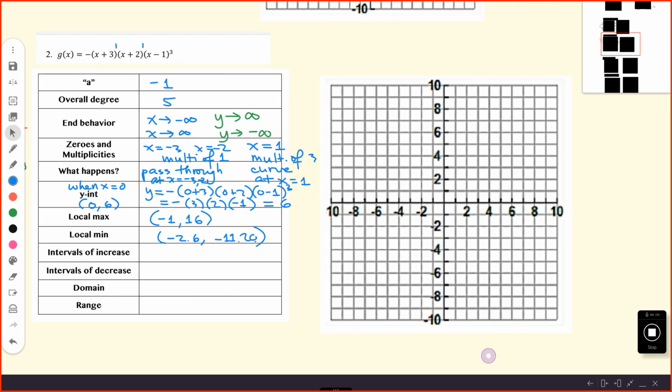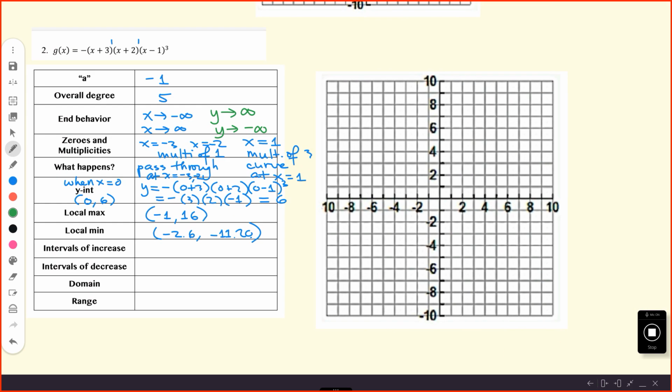All right, let's graph. Let's plot the points. We have -3. Make sure you have the graphs there. Okay, -3, -2, and then 1. And then what else? We have the y-intercept, 0, 6. And we just need the local max and minimum.